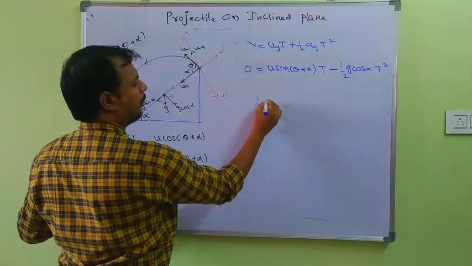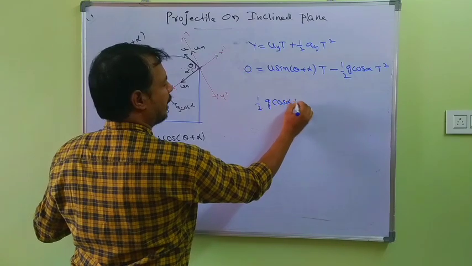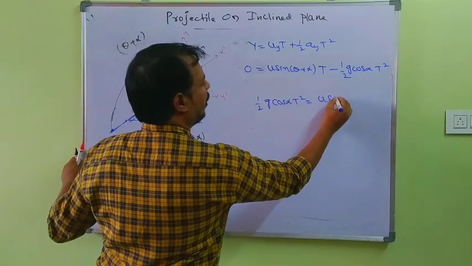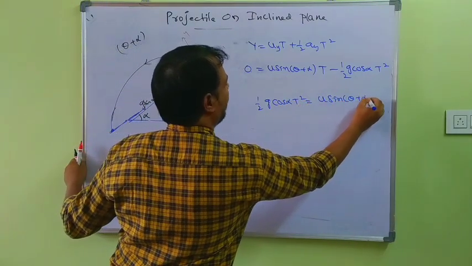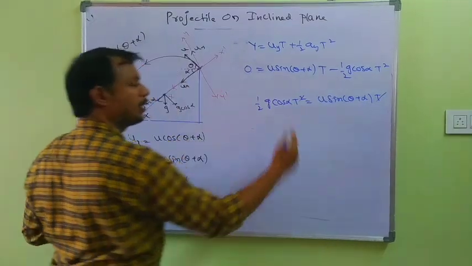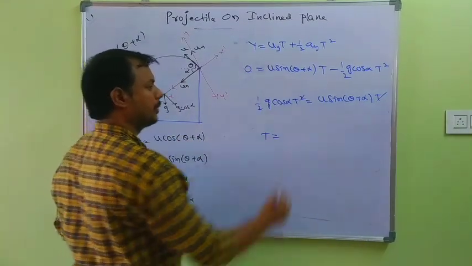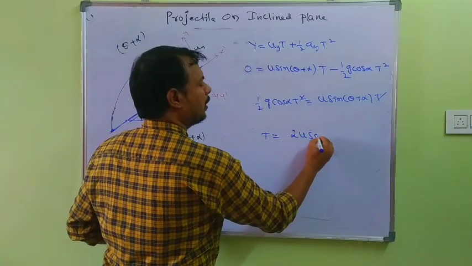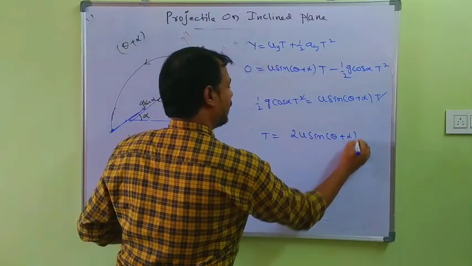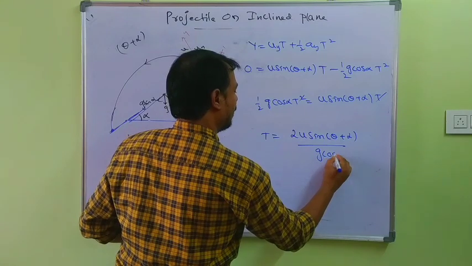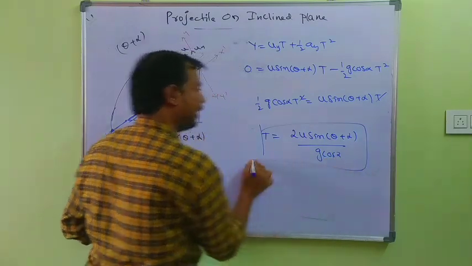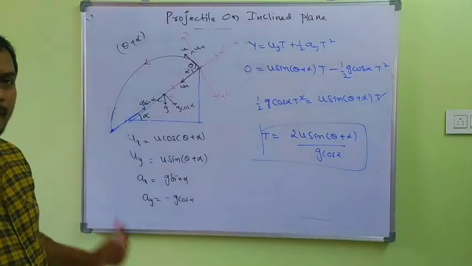Bringing this to one side, half g cos alpha t square equals u sin (theta plus alpha) into t. Of course, t is going to cancel out. Therefore, the time of flight t becomes 2u sin (theta plus alpha) by g cos alpha.